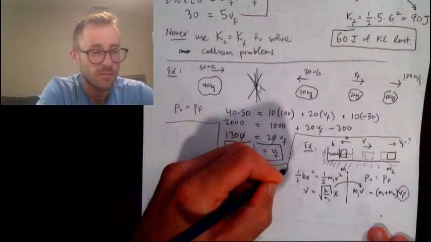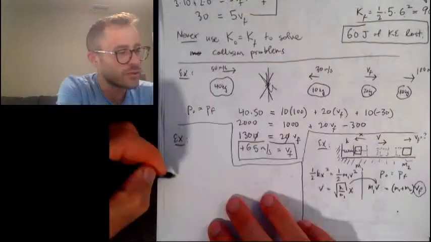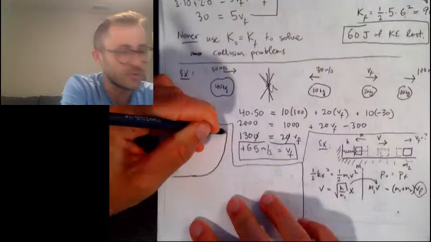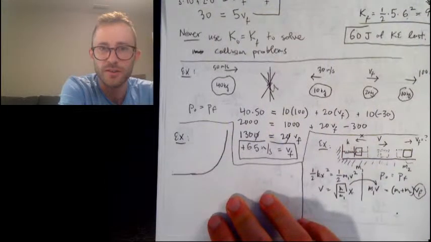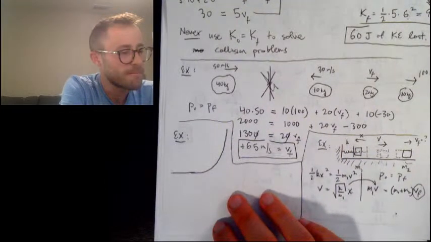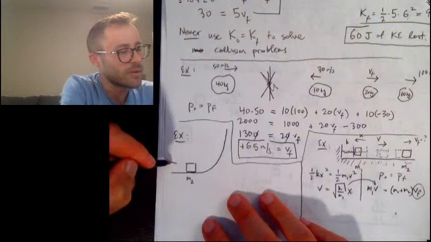As another example, let's suppose we have a ramp that just goes up like this. Okay. And we have a block of mass m2 that is initially at rest. And then there's another block of mass m1 that is headed this way with speed v. They collide and they have a completely inelastic collision once again.